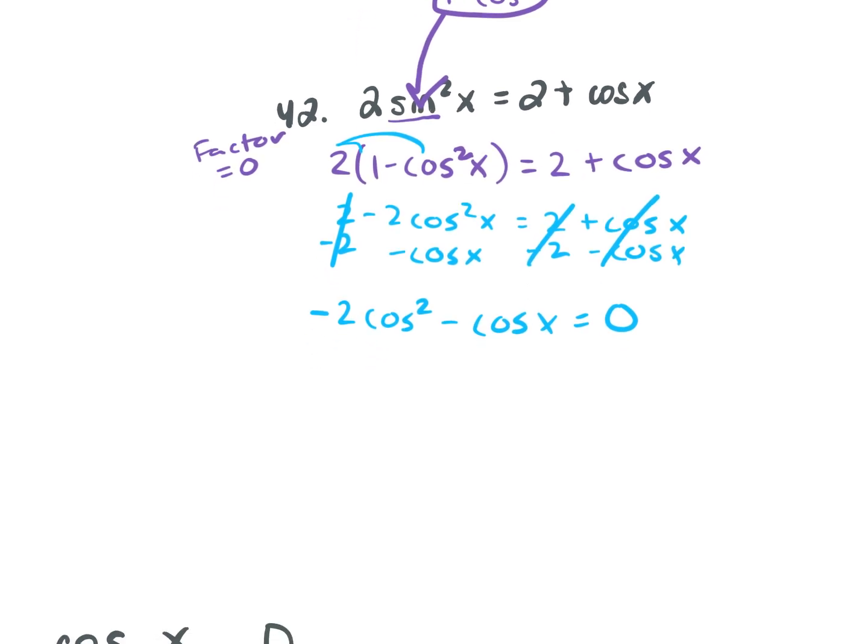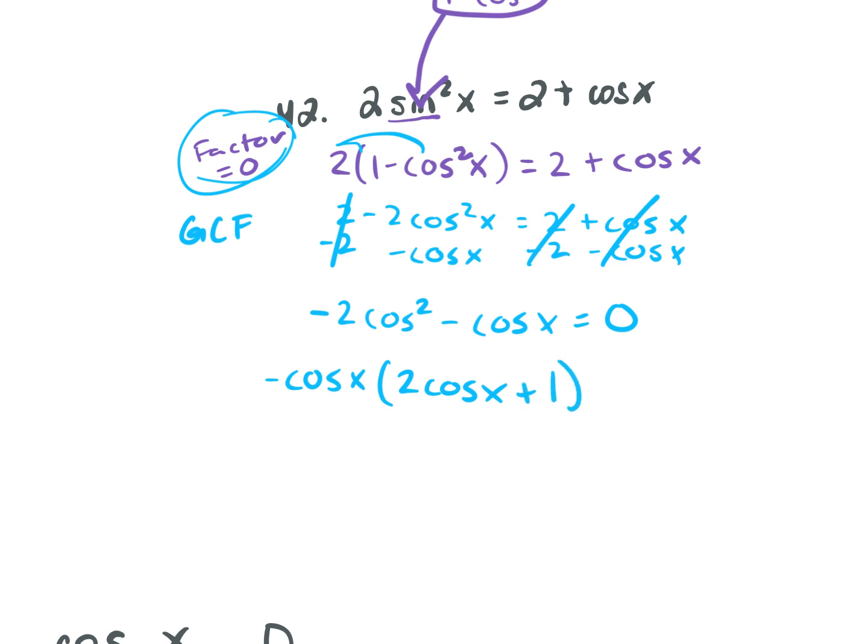Take out the GCF. We said we were going to have to factor. Here we only have 2 terms now, so we're going to factor by taking out the GCF. So our GCF would be negative cosine, and we're left with 2 cosine plus 1, because we took out a negative cosine. You could just take out cosine, and you'll end up with the same thing. What would we do next?